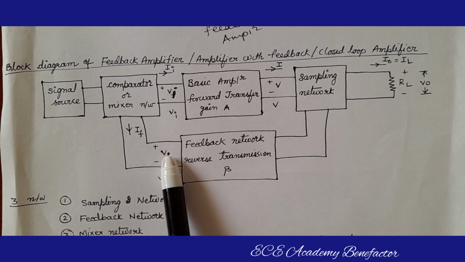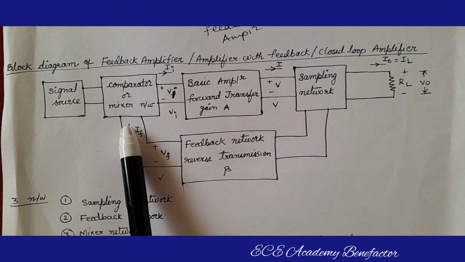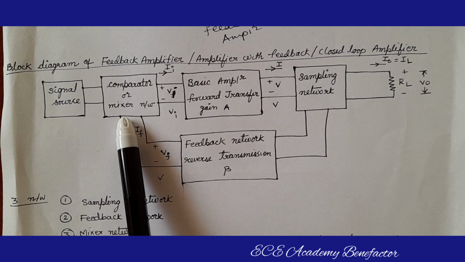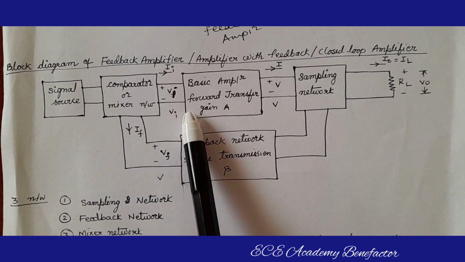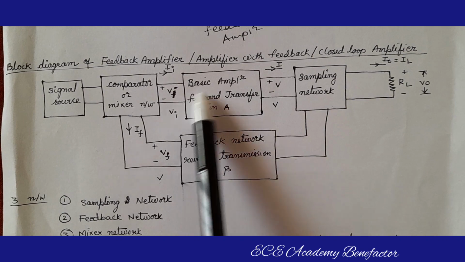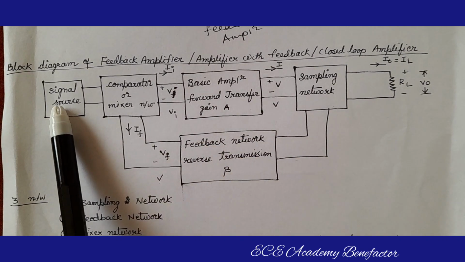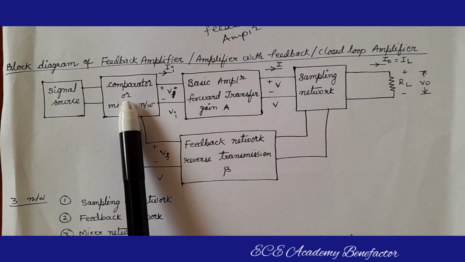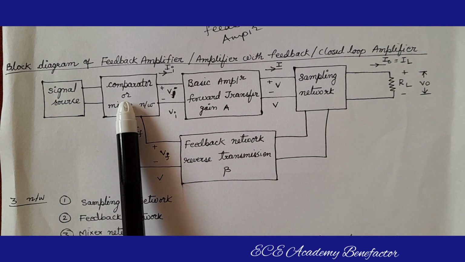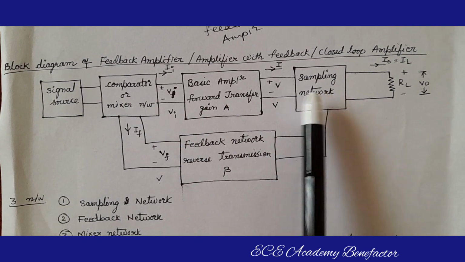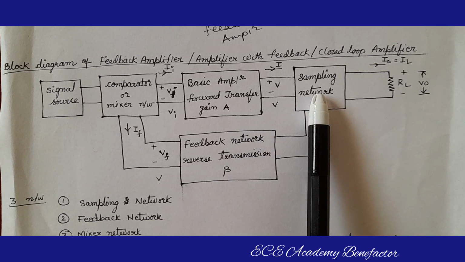The output of this feedback network is coming to this comparator. So, there is a closed loop here, that is why it is known as a closed loop amplifier. The signal source at the input side is followed by a mixer or comparator network, and at the output side of the amplifier is a sampling network.